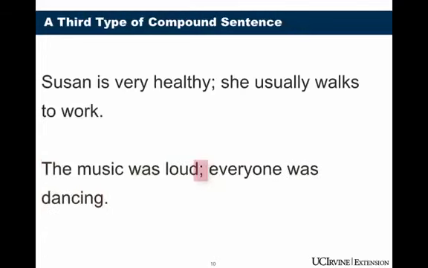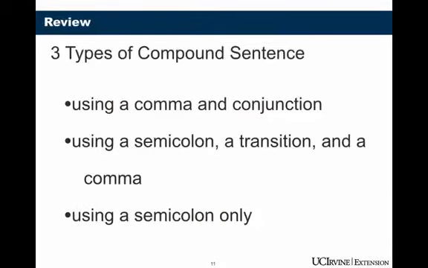However, be careful that you do not use this method or this type of sentence too much in your writing. Maybe only one time per page, or maybe one time per paragraph, but not more than that. So remember, there are three types of compound sentences that you can put in your writing. The first type uses a comma and conjunction, like and, but, or so.